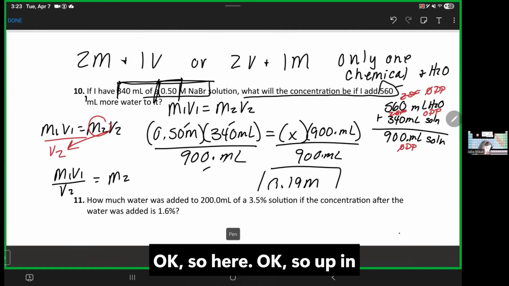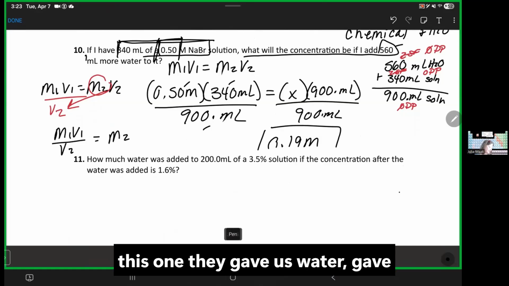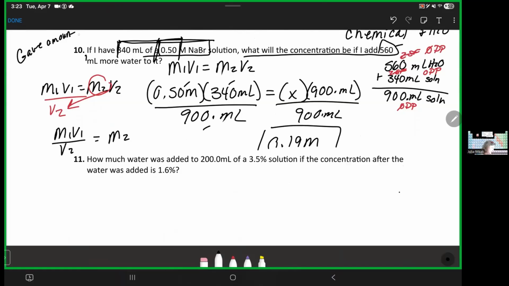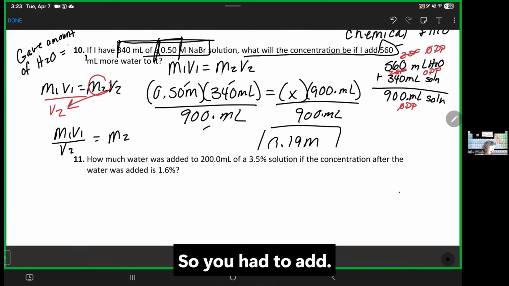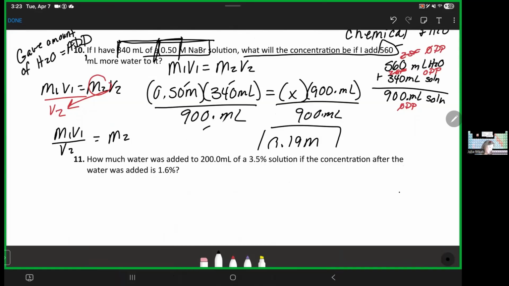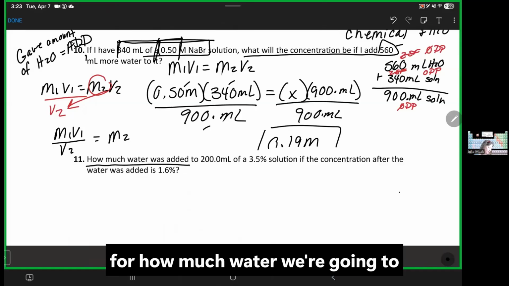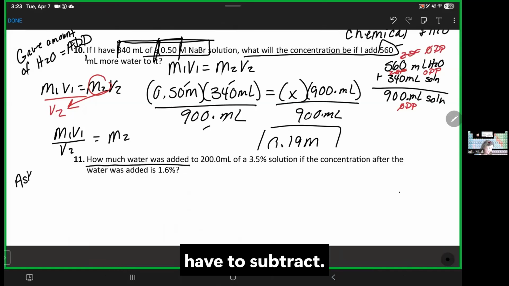Okay, so up in this one, they gave us an amount of water, so you had to add. Okay, this one here is asking us for how much water. We're going to have to subtract.